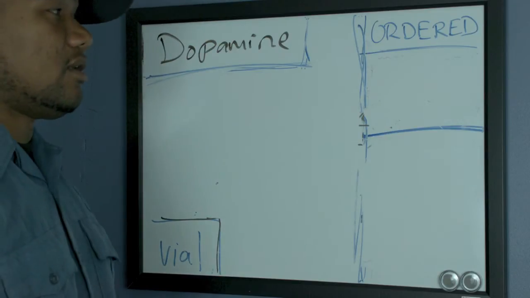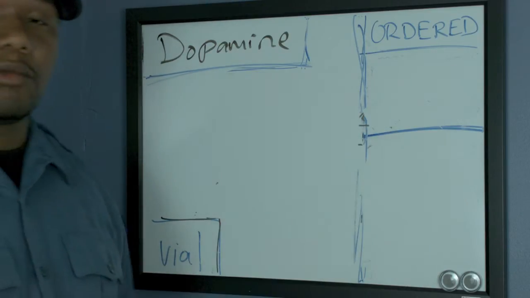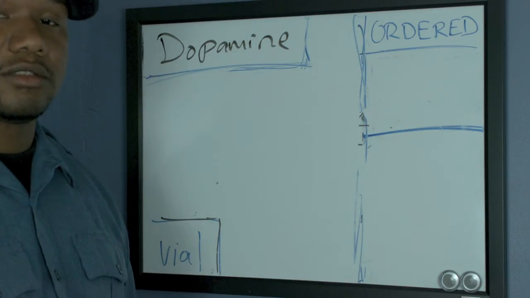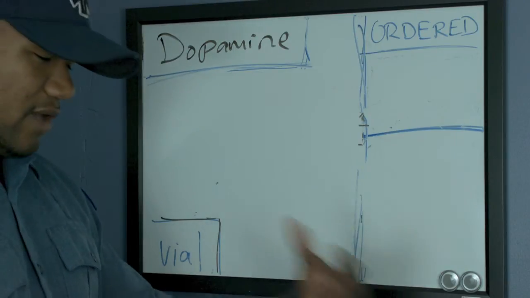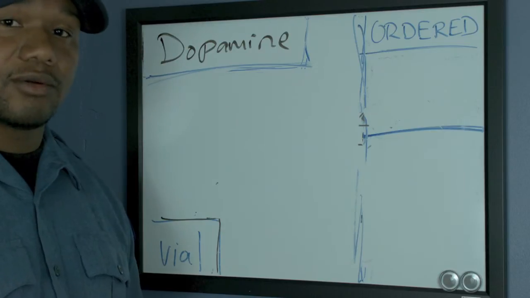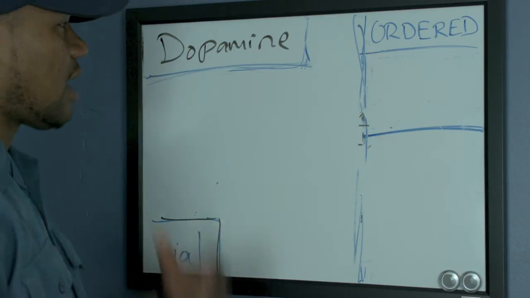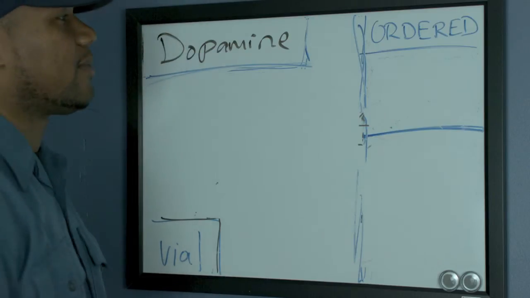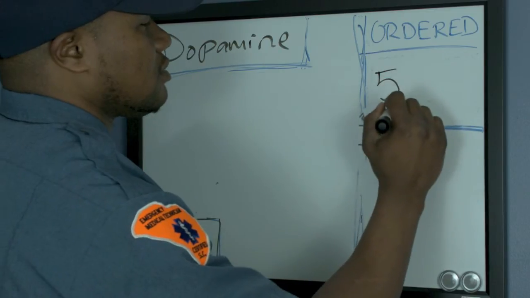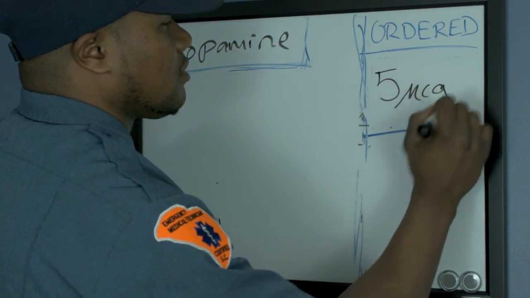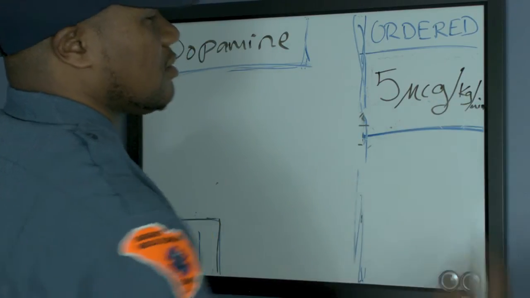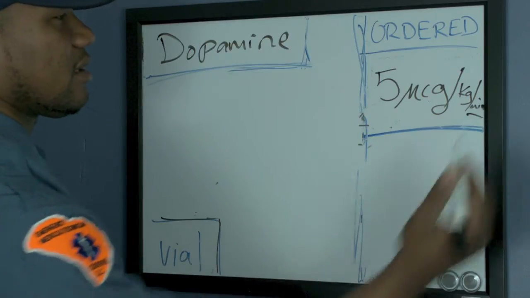So you might have a patient who's in symptomatic bradycardia, and you have run through all your protocols, and now you've gotten down to the point where you want to increase the circulating volume to give this person a blood pressure, so the doctor's going to order you to administer dopamine. And we'll just take small numbers for right now. We'll just say he tells you to give 5 micrograms per kilogram per minute. Okay? That's a minute right there at the end.